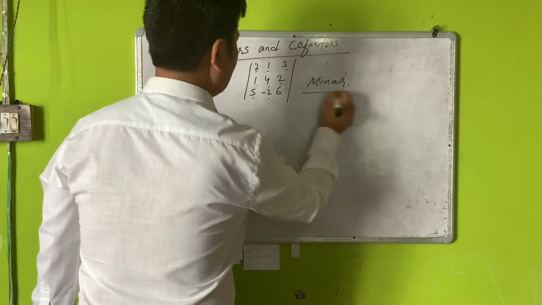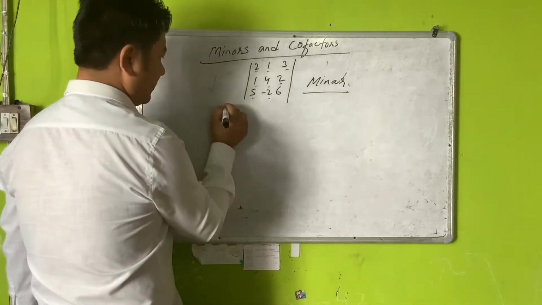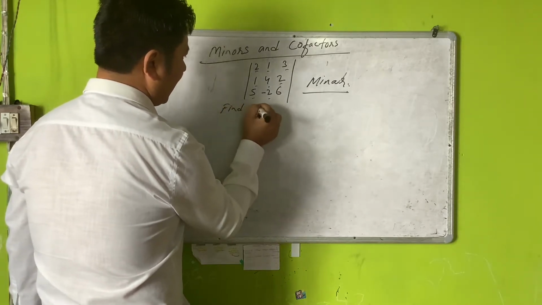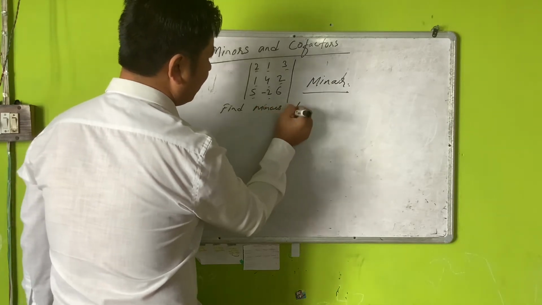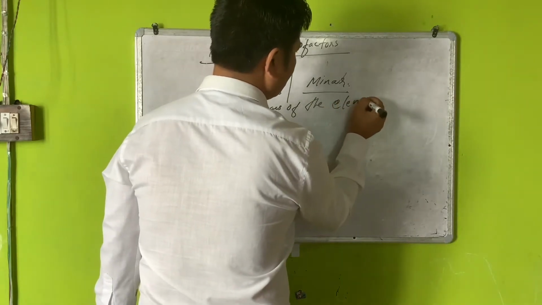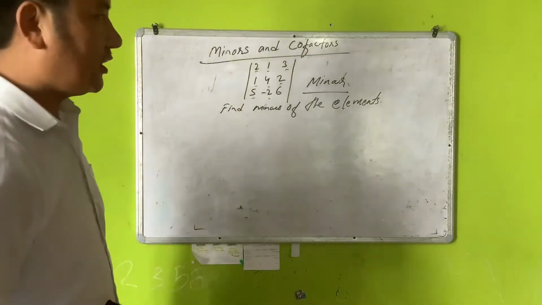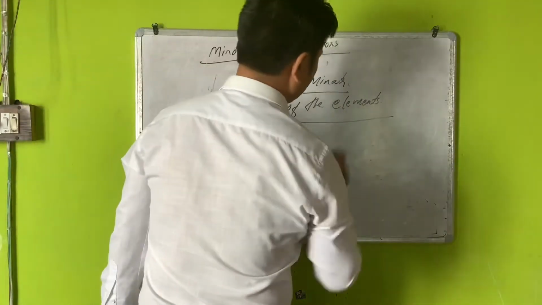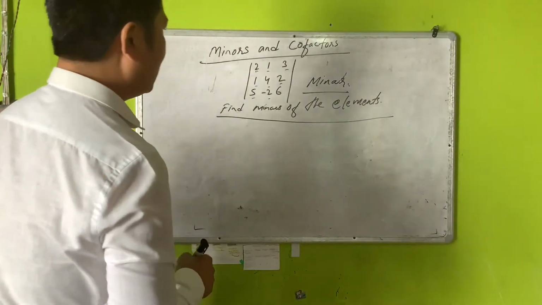If somebody asks you to find minors of the elements from this particular given determinant, you have to find minors of the elements. These all are elements.